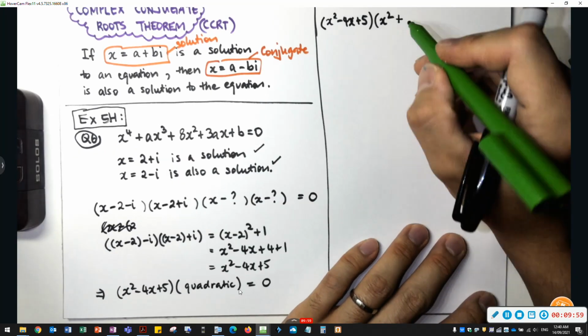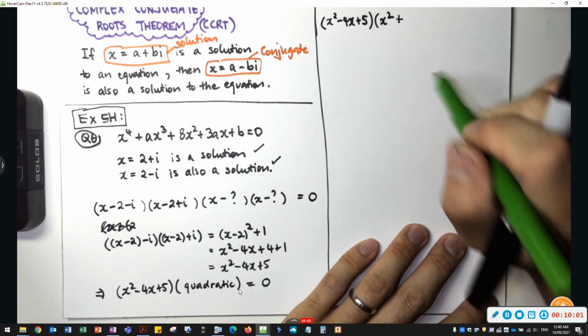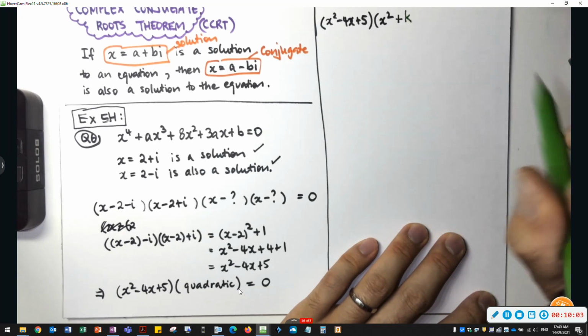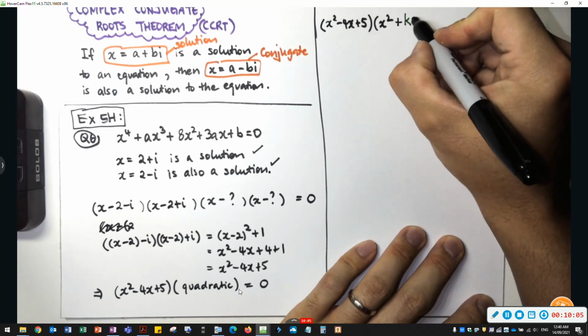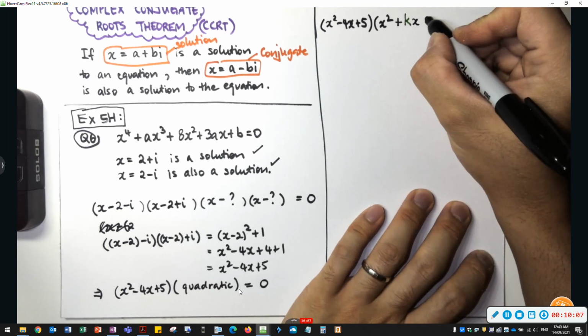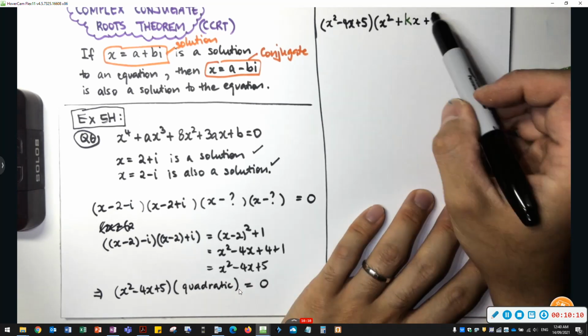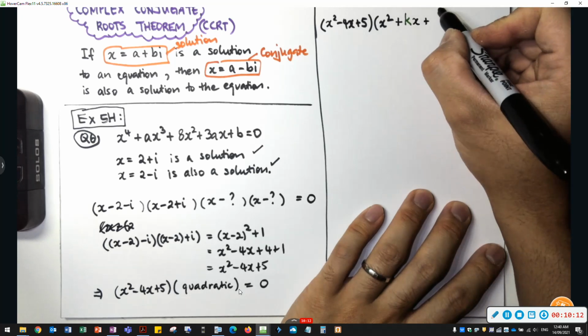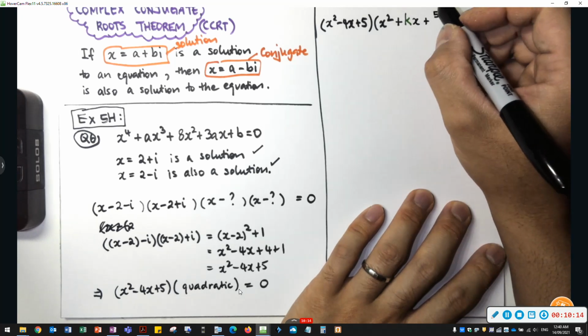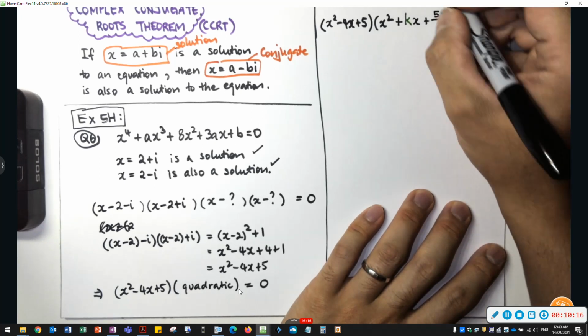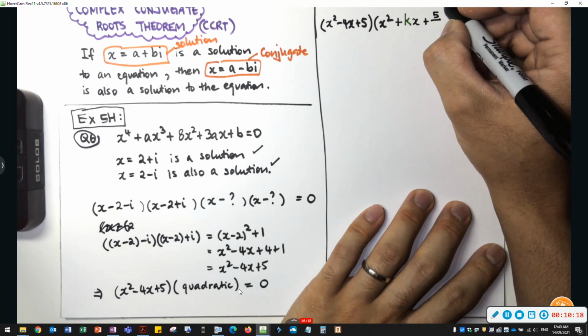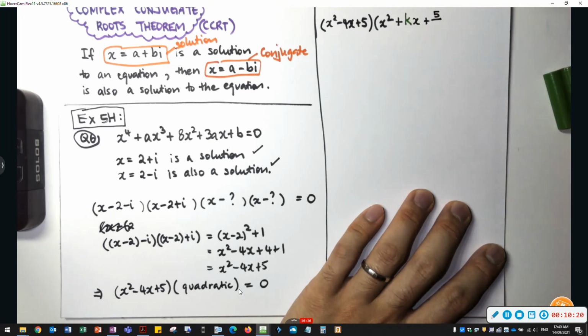So I'll call this one k. So that's the x term, and then the constant there will have to be 5 over b. Sorry, not 5 over b, it will have to be b over 5.